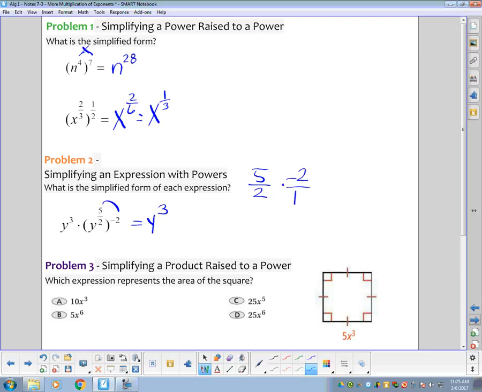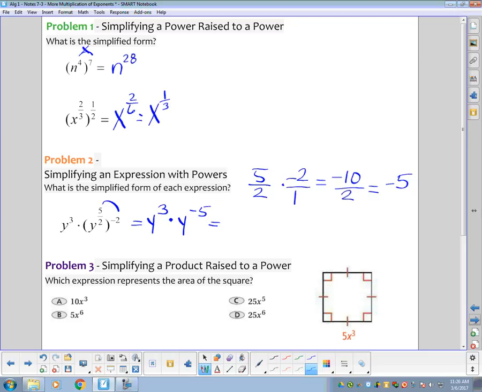Remember, multiplying is straight across on the top. 5 times -2 is -10. -10 divided by 2 is -5. So this all reduces down to -5. Now the rule you learned last week, what could you do with those 2 exponents?